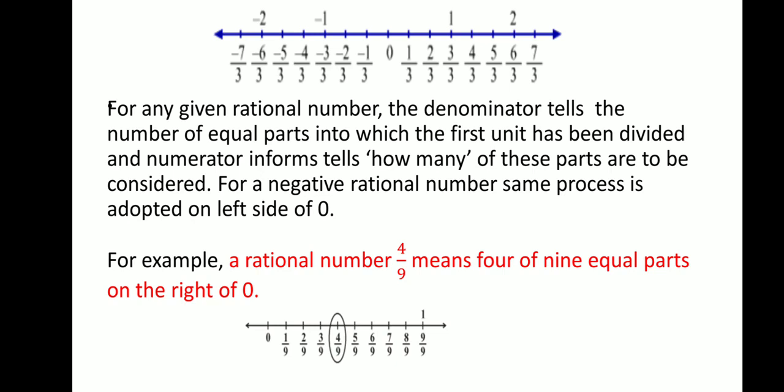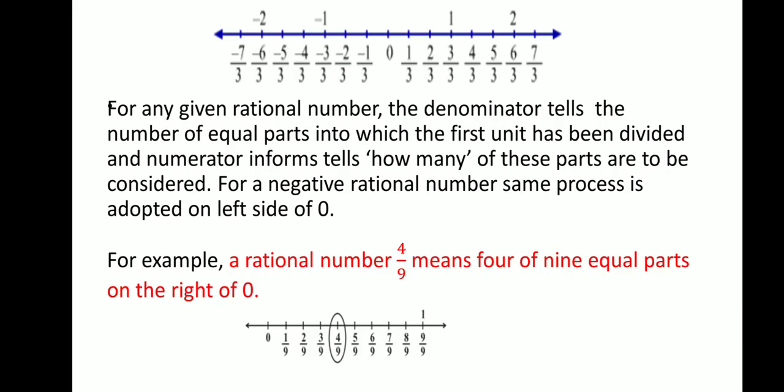The important thing which you should keep in your mind is, for any given rational number, the denominator tells the number of equal parts into which the first unit has to be divided, and the numerator informs how many of these parts are to be considered.